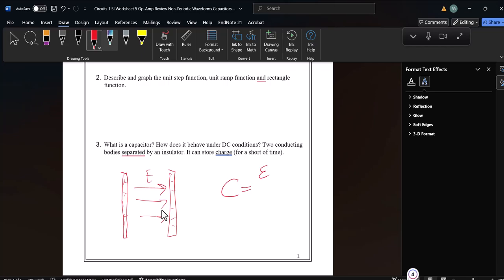It is related to K, so it's 1 over 4 pi K. It's epsilon. So it's epsilon A over D, and epsilon naught is the permittivity of free space. Epsilon would be the permittivity of free space multiplied by some constant if you had some insulator in there. A is the area of the plate, and D is the distance between the plates.